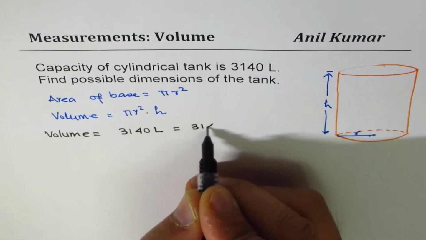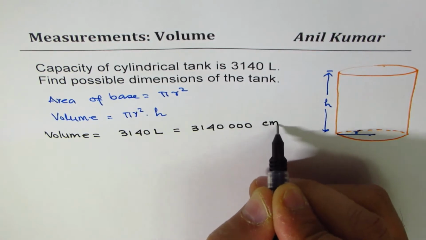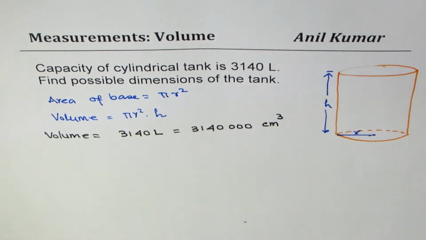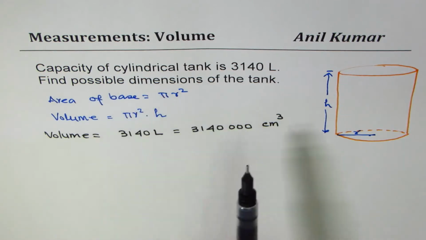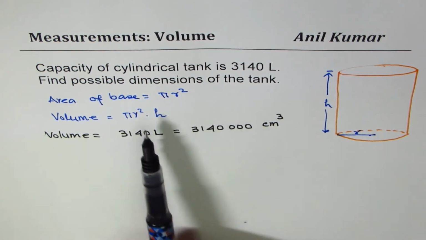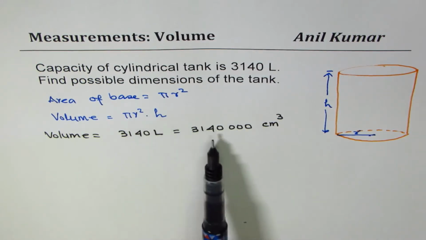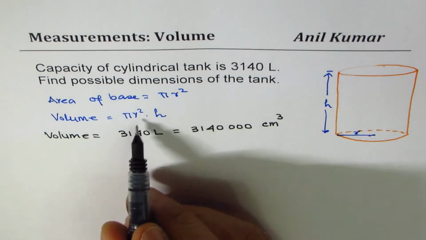So we get 3140 and then 1000 centimeter cube. Okay, so that is the dimension in centimeters. We need to find radius and height. When we say find possible dimensions, we need to find radius and height. So we could have combinations of radius and height to give us this number as volume. That's the strategy, correct? So let's see how they are related.